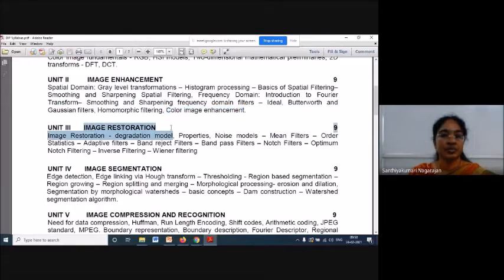In image restoration, restoring means you're going to recover that original. What does recovering that original mean? You all might have seen the image of coconut trees. It is already perceived in the mind from childhood until now.